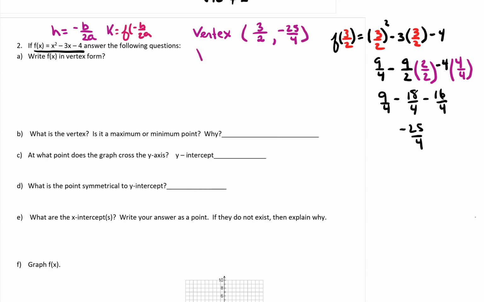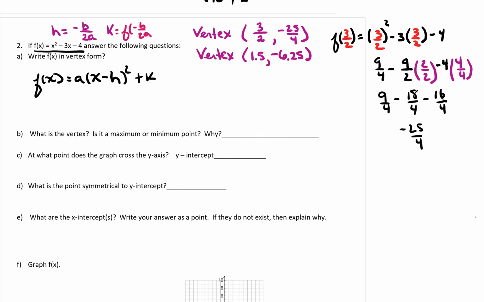You can leave it like this, or if you want to, and it's going to be easier when we plot this, that 3/2 is 1.5 and negative 25/4, well, 4 goes into negative 25 negative 6 times, and 1/4, which is 0.25. So our vertex form of f of x is equal to a, all times x minus h, quantity squared, plus k.